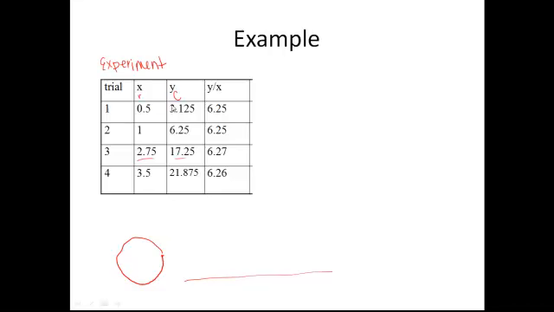When you divided the circumference by the radius, you got approximately the same answer every time. This is what we call a constant. It's something that is happening constantly, and I'm going to say it's about 6.26, and this is what we would call a direct variation.